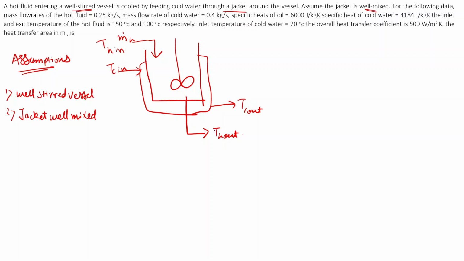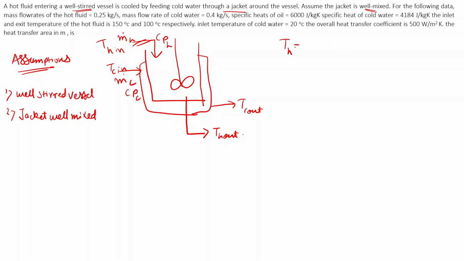We have been given m dot h, the mass flow rate of cold water m dot c, the specific heat of oil Cph, the specific heat of cold water Cpc, and the inlet and exit temperature of hot fluid.